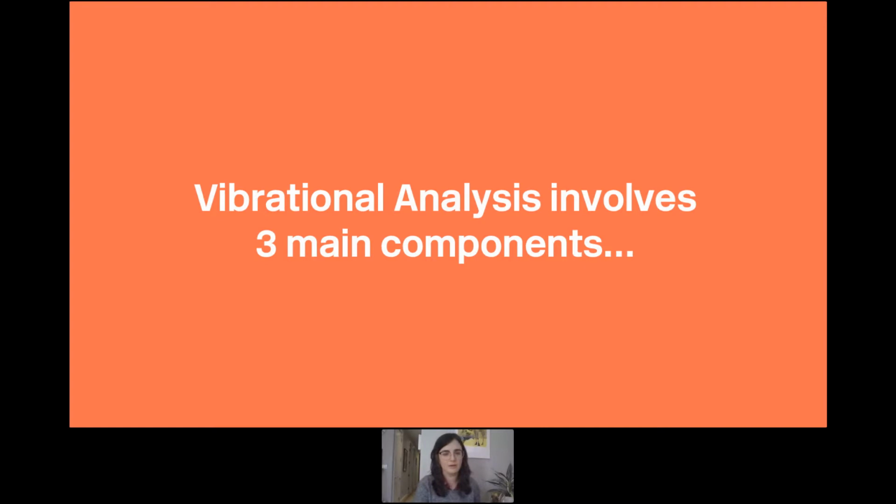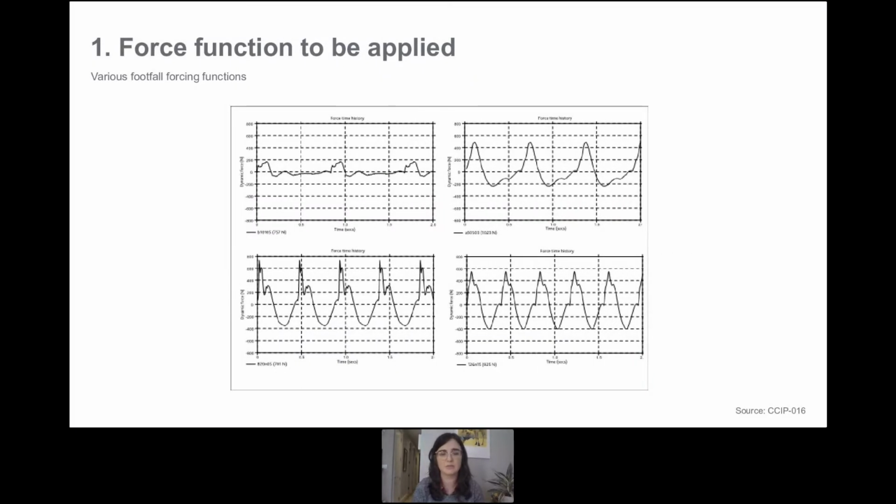I tried to break this down so that there are three main components you need to consider when approaching the vibrational analysis of a structure. The first thing is, what is the force function that you're going to apply? For walking, how do you approximate the force from a person walking on a structure? Everybody walks differently.